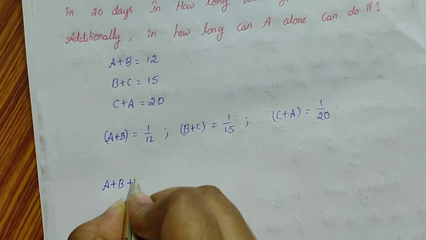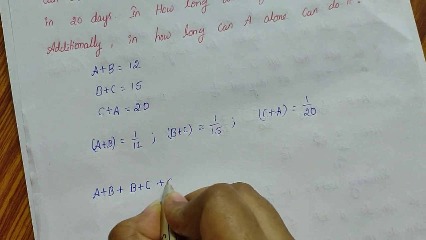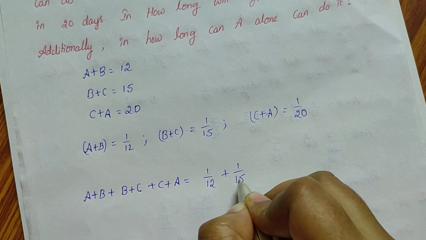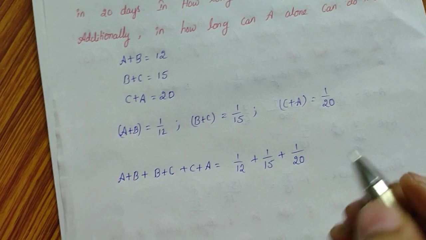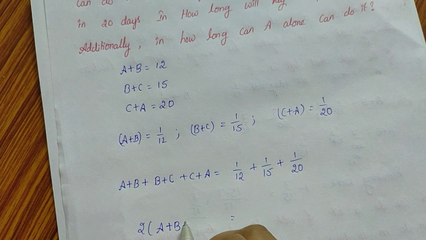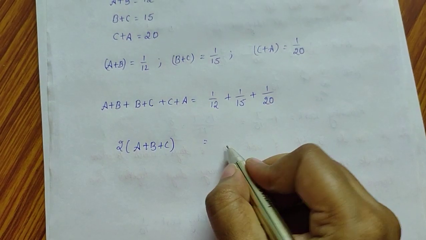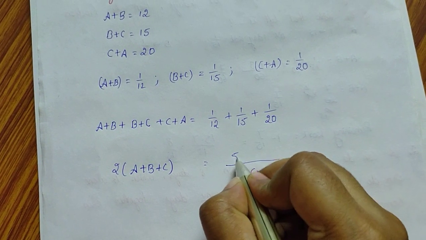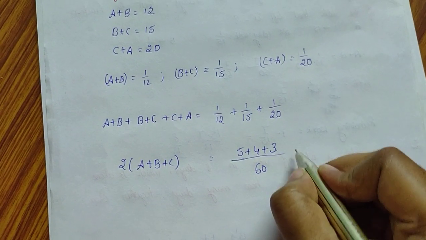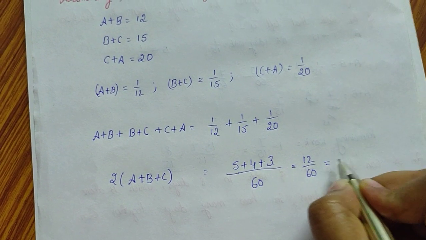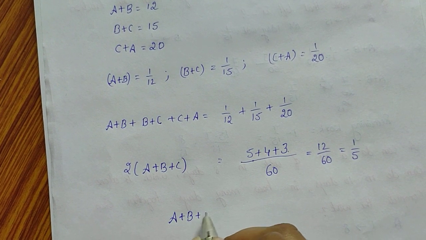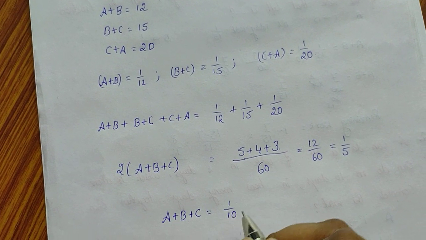So A plus B plus B plus C plus C plus A, we get 1 by 12 plus 1 by 15 plus 1 by 20. So here we got 2 of A plus B plus C. So here the LCM is 60, 12 5s, 15 4s and 20 3s. So 5 plus 4 is 9, 9 plus 3 is 12 by 60, that is 1 by 5.